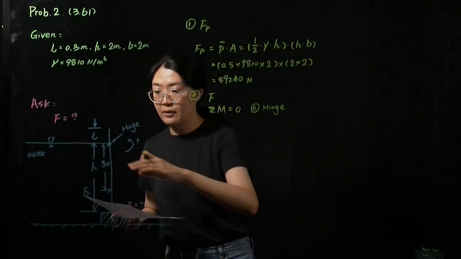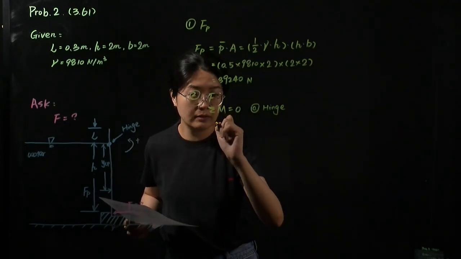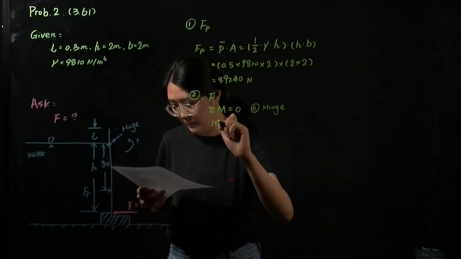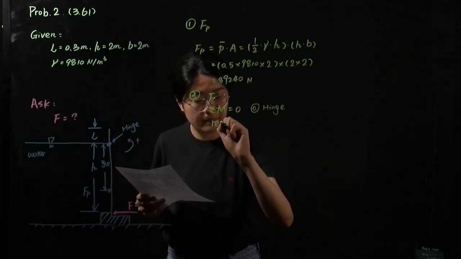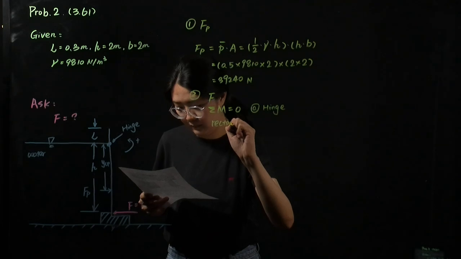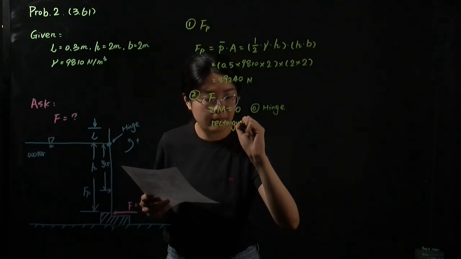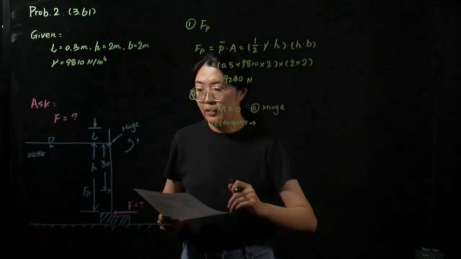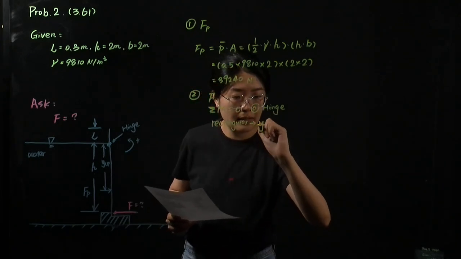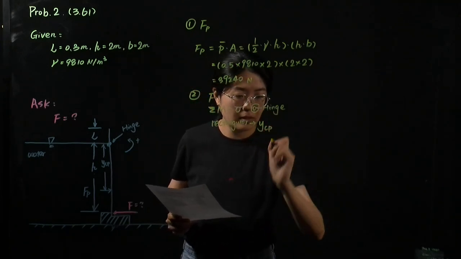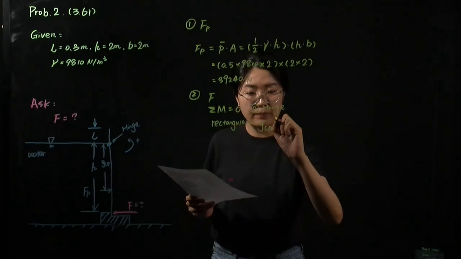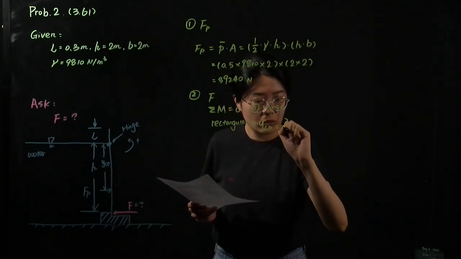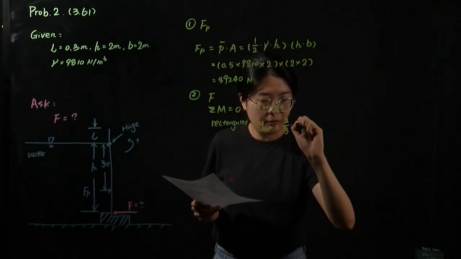And because the gate is rectangular, we can know that the location of the center of pressure should equal 2/3 of h.